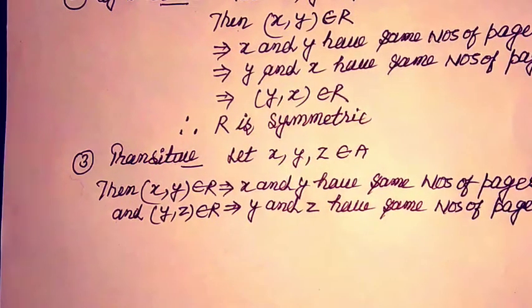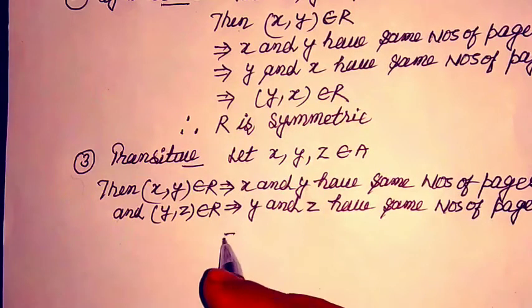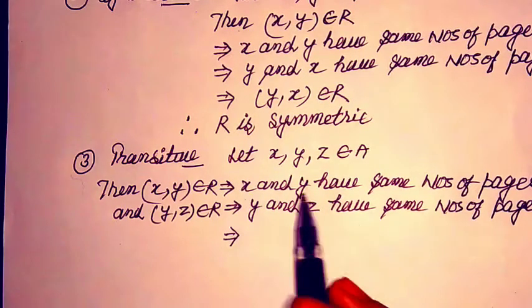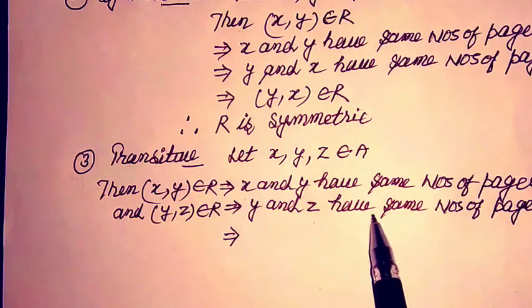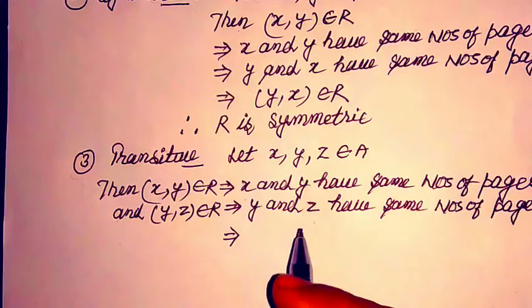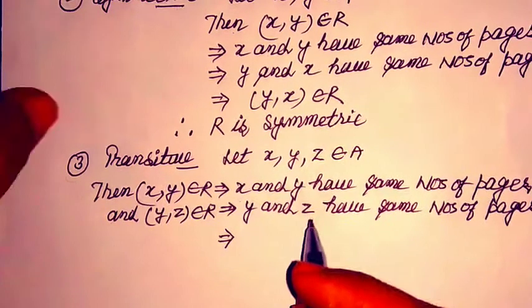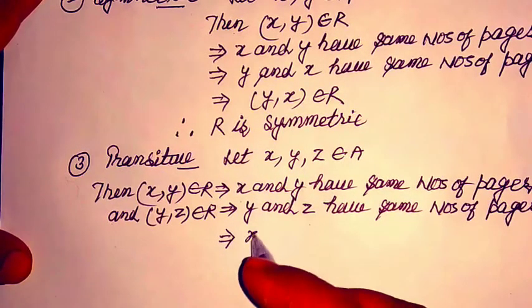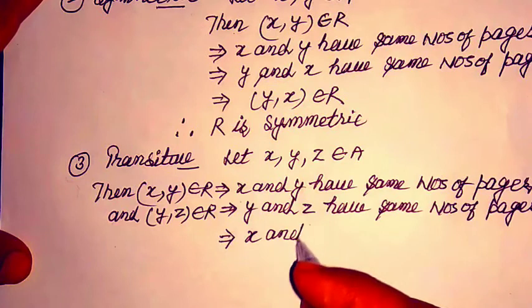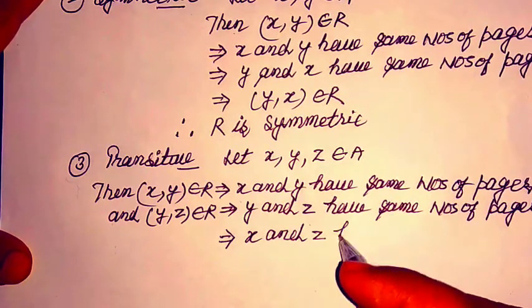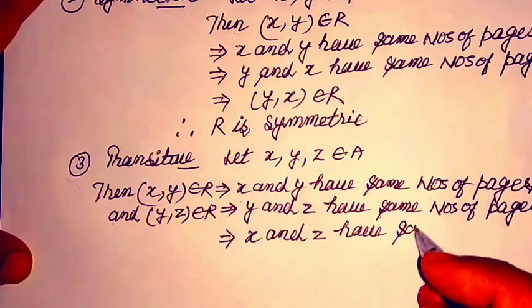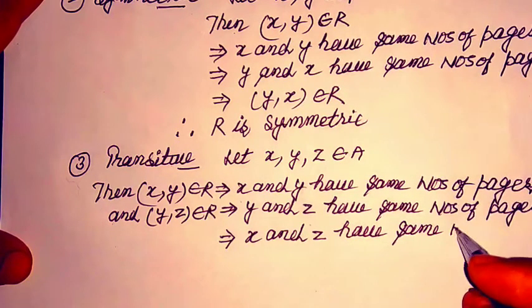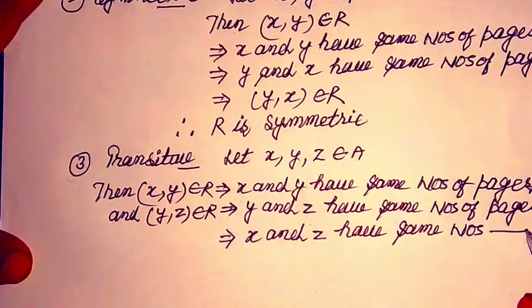So if x and y have the same number of pages and y and z have the same number of pages, automatically x and z have the same number of pages, isn't it?